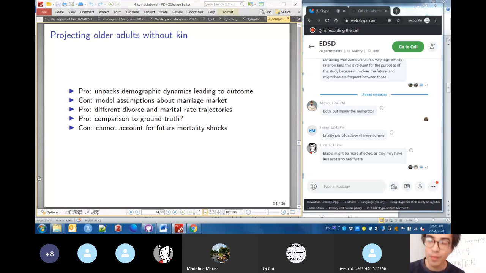So it probably exacerbates some processes, although it's not entirely clear what effect it would have, right? But failure to account for these shocks in mortality also adds another layer of uncertainty to the model. But it is, of course, not possible to forecast when these things are going to happen.